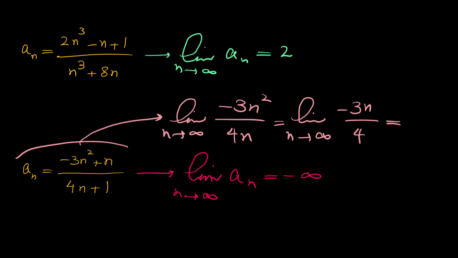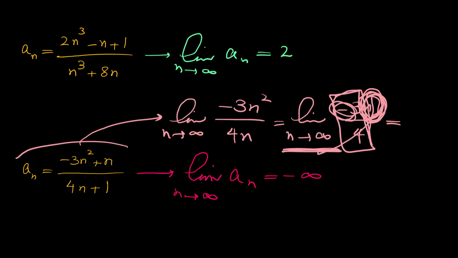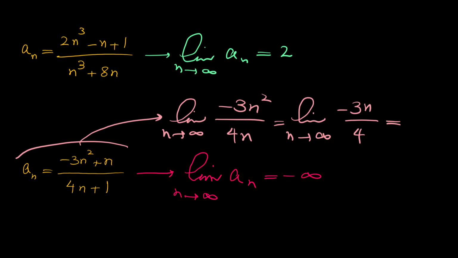Now n goes to infinity, and we multiply this infinity by a negative 3/4. Because of this negative, the answer would be negative infinity. When you multiply a number that is positive by infinity, it's positive infinity. But if you multiply positive infinity by a negative number, the answer would be negative infinity. So the answer is the same, as you can see.